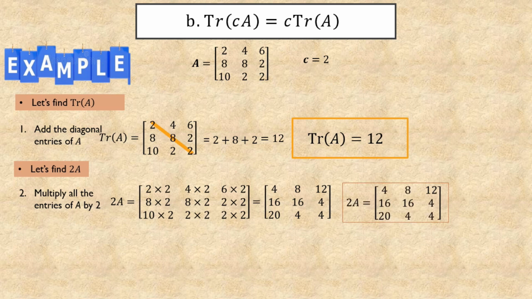So, 2A is equal to the matrix 4, 8, 12, 16, 16, 4, 20, 4, 4.